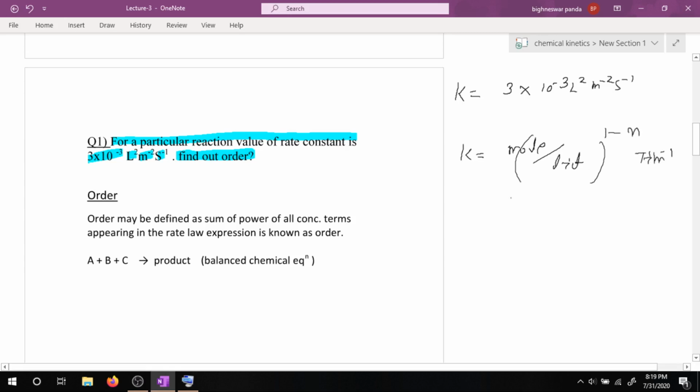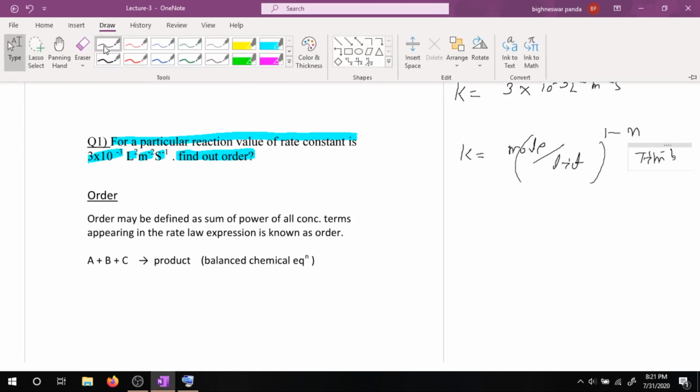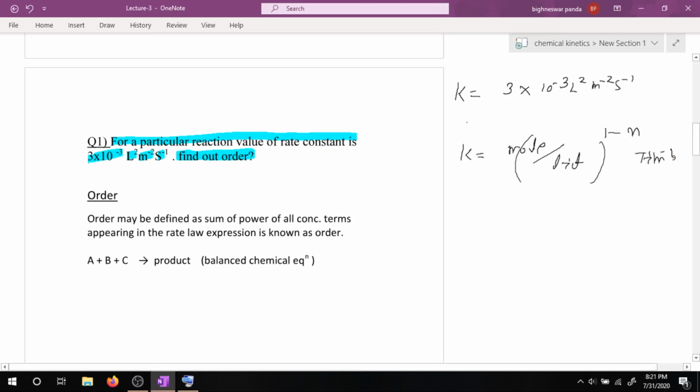By comparing both, I can write here, since we are asked for the order of the reaction, that is n.